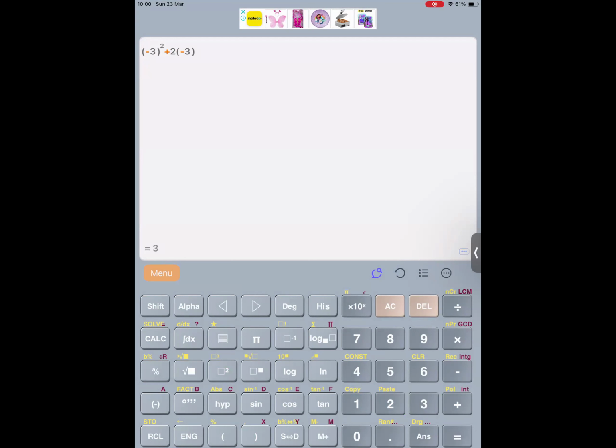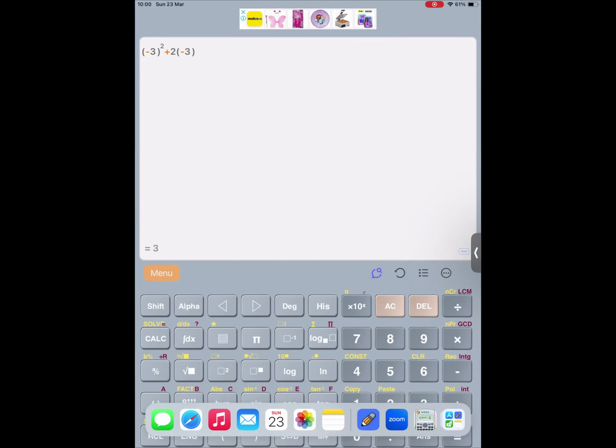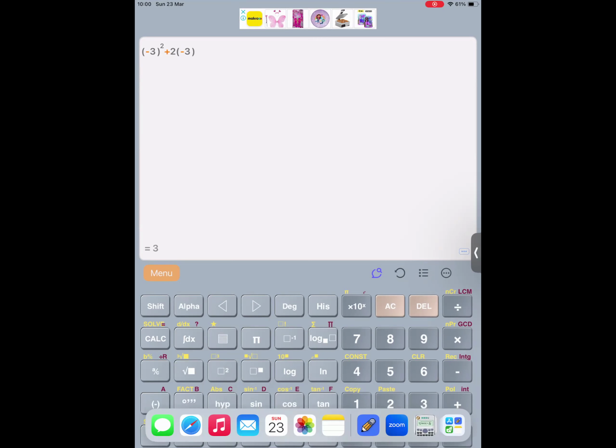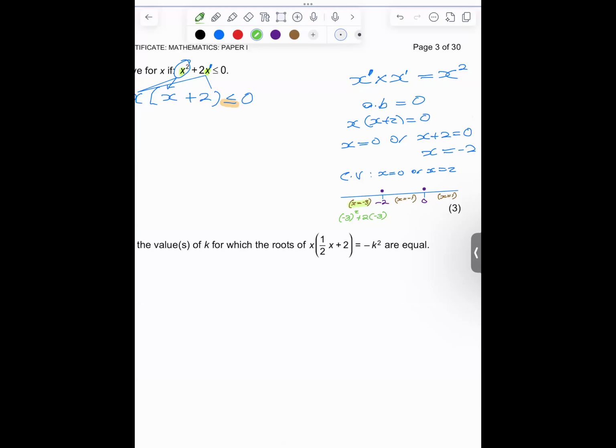It gives me 3. What this simply means is that for any value that is less than -2, your answer will always be positive.